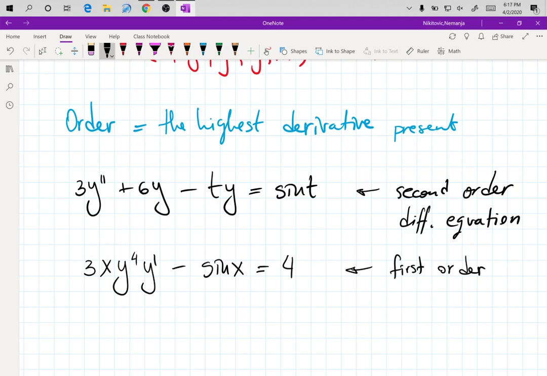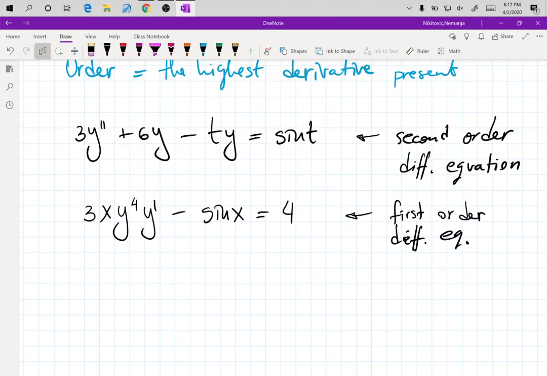And not the First Order from Star Wars, the first order differential equation. Here, I'll spell it out. So order. Now we understand what order means. The highest derivative you have is the order of the differential equation.